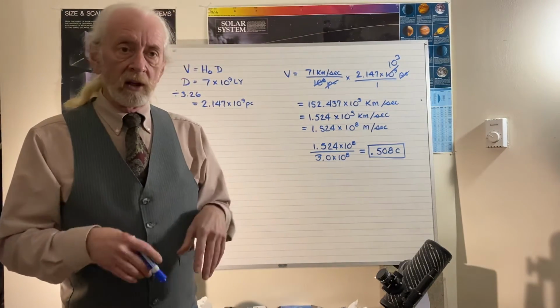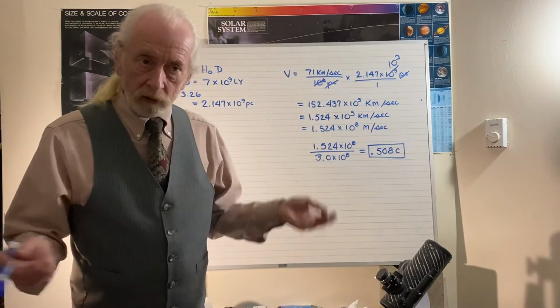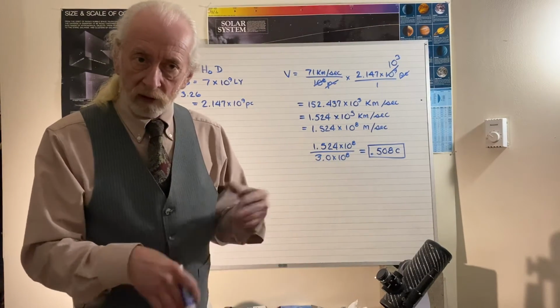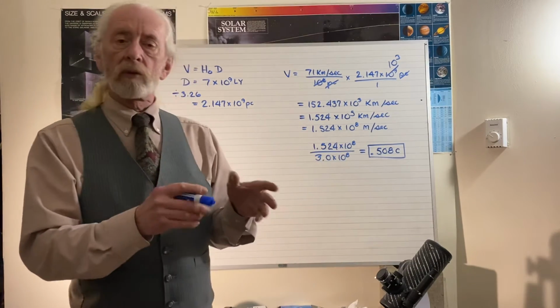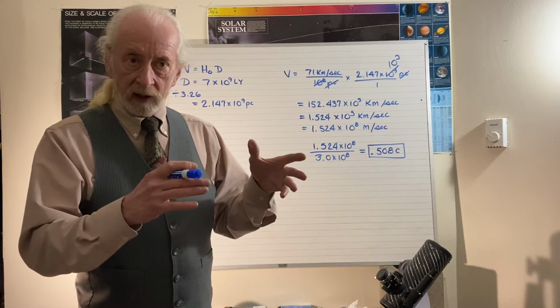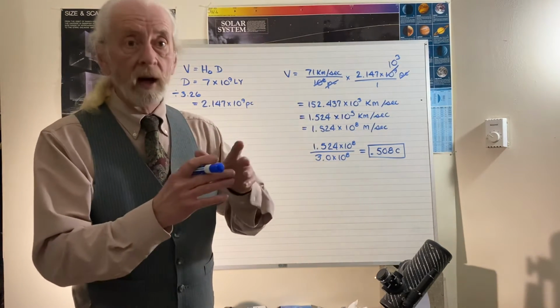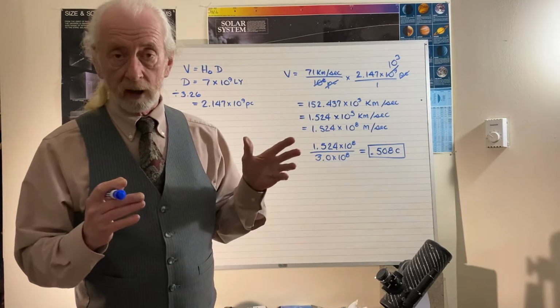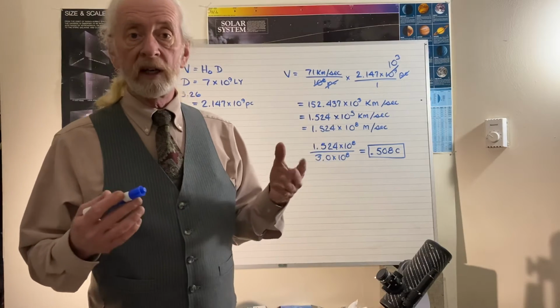If you're going to make raisin bread, you make bread dough, sprinkle in the raisins and mix it all in, and then throw it in the oven, and that bread is going to rise. So the bread dough itself is going to expand, and the raisins are going to get further and further apart. Now the raisins don't get any bigger, but they do get further and further apart. This is a good way to describe what's happening in our universe.